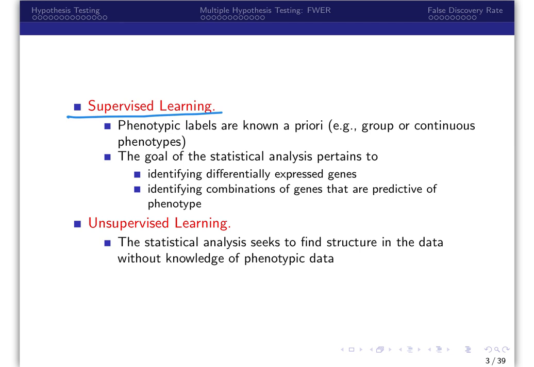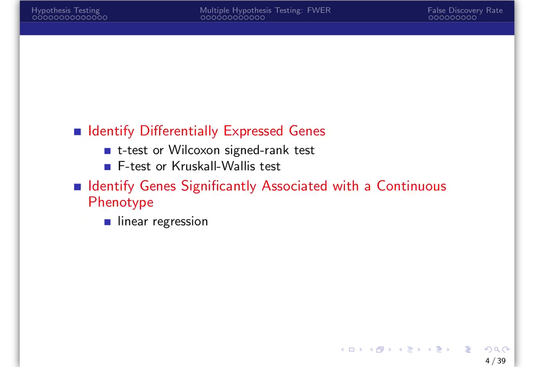Supervised learning also encompasses identifying genes related to a quantitative phenotype, such as high blood pressure, as well as class prediction, that is, finding a multivariable predictor of group membership. Unsupervised learning refers to an analysis where phenotypic data are either not available or are not used in the analysis, and the goal is to use only the expression values to discover structure in the data, such as clusters.